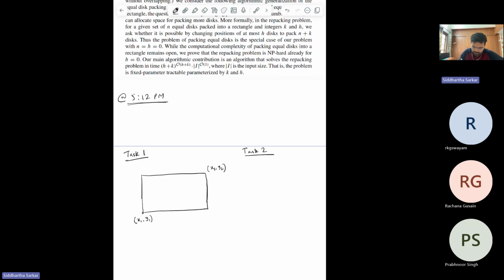The question is how many, let us say, unit radius disks can be packed within the rectangle non-overlappingly.